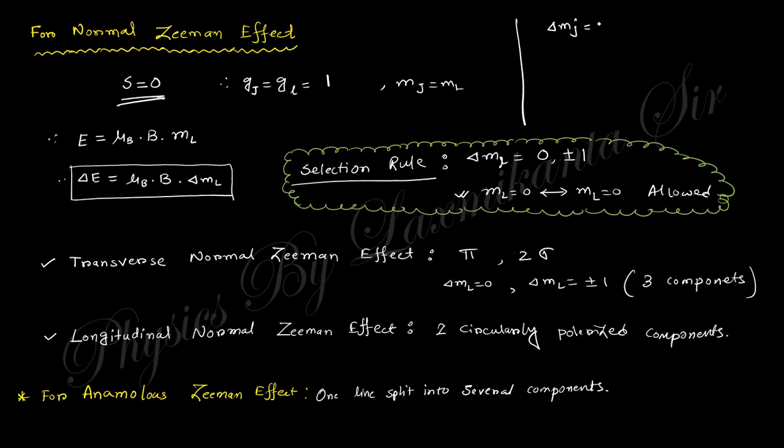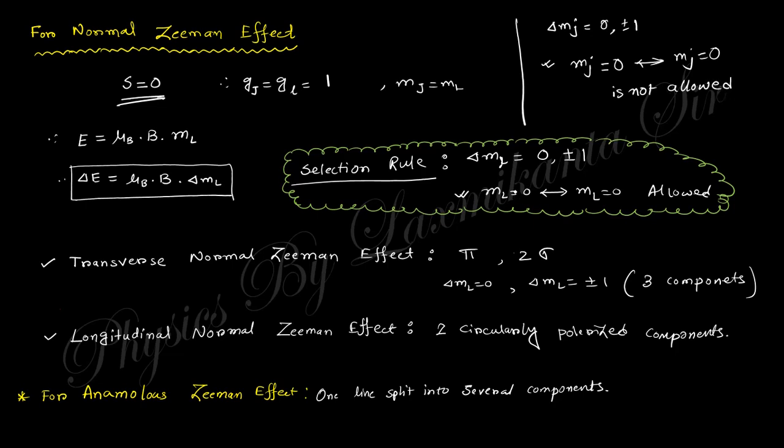This is 0, plus or minus 1. Finally, here you remember Mj equals 0 to Mj equals 0 is not allowed. Okay, so you remember this thing.